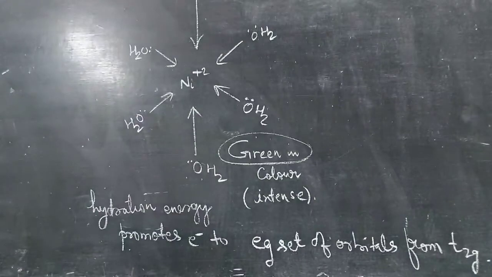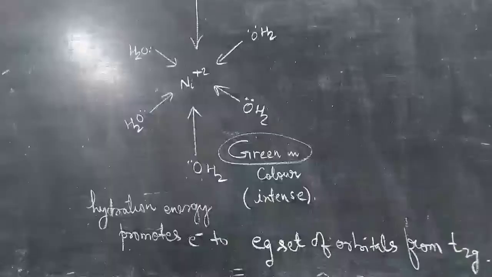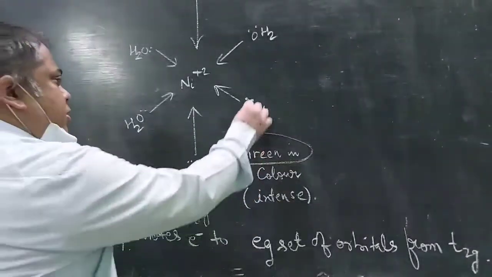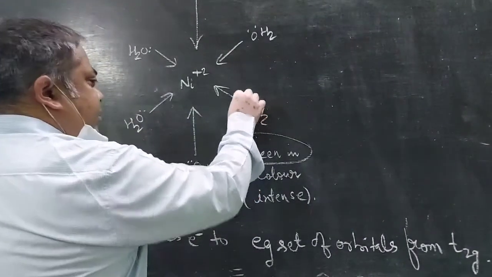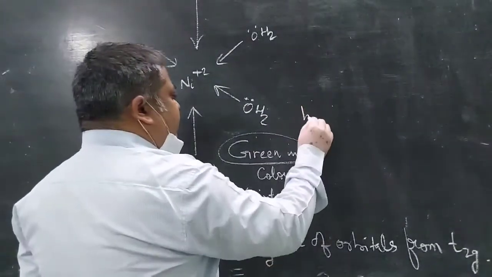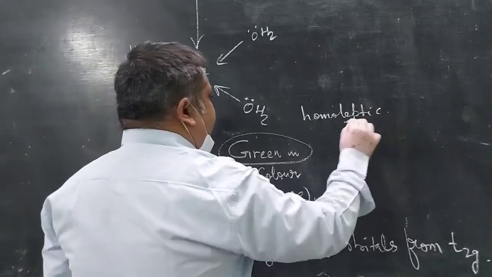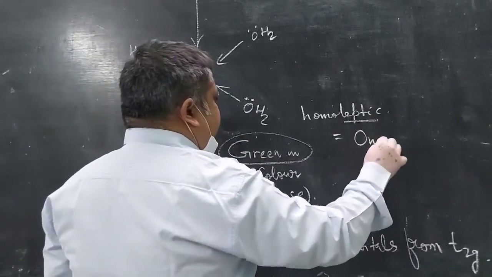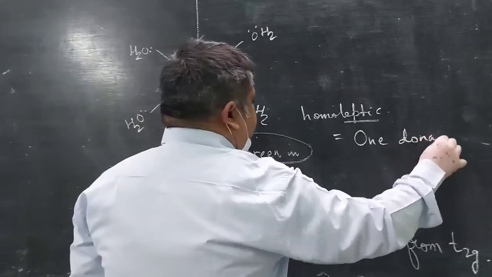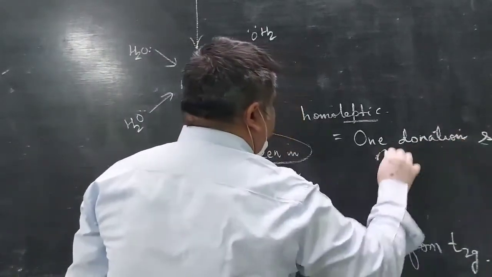Now, instead of two water molecules, if I take a bidentate ligand, this is what? This is a monodentate ligand. Monodentate means it has one donation site of electron pair.